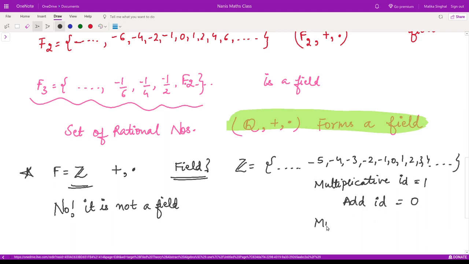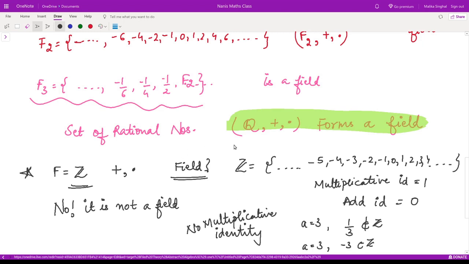It has multiplicative inverses. Sorry, it doesn't have multiplicative inverses, because if you take an element as 3, the inverse should be 1 upon 3, which does not belong to the set of integers. It has additive inverses. If you take a equal to 3, then -3 belongs to this set, right? So there are no multiplicative inverses. So this set together with these operations does not form a field, right?